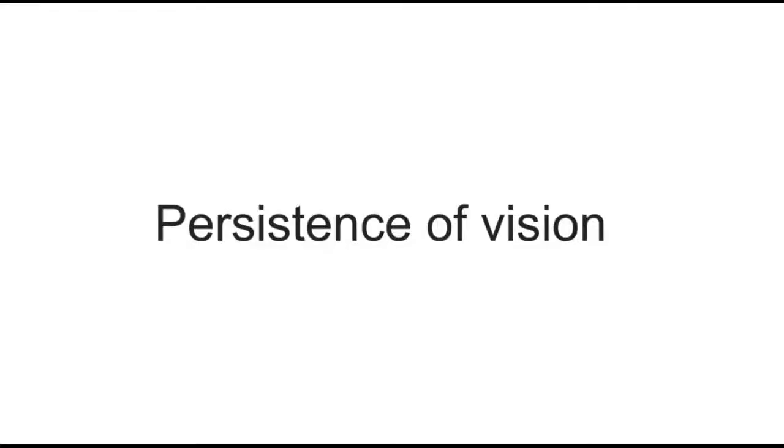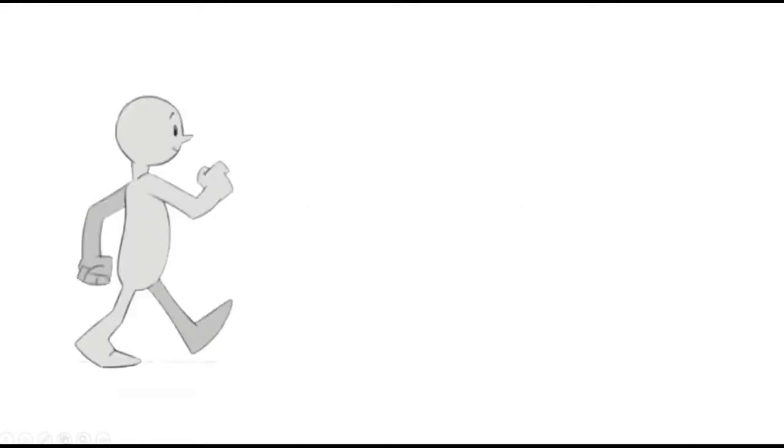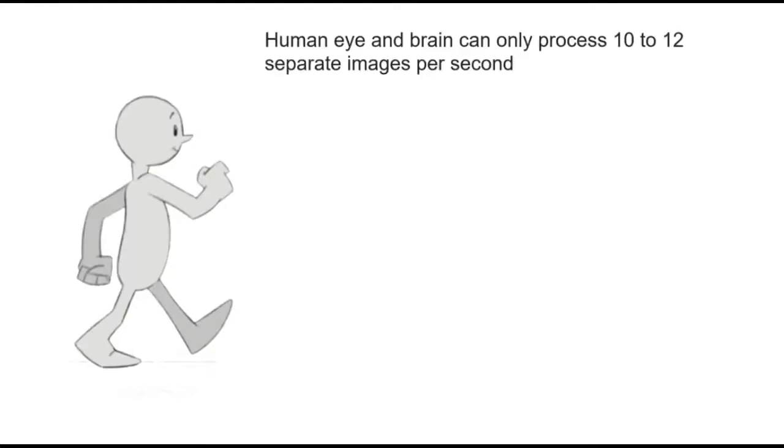Coming back to persistence of vision, what does it mean? Right? When an object or a person, or a picture of a person, is in front of our eye, you know, the human eye and brain can only process 10 to 12 separate images per second.